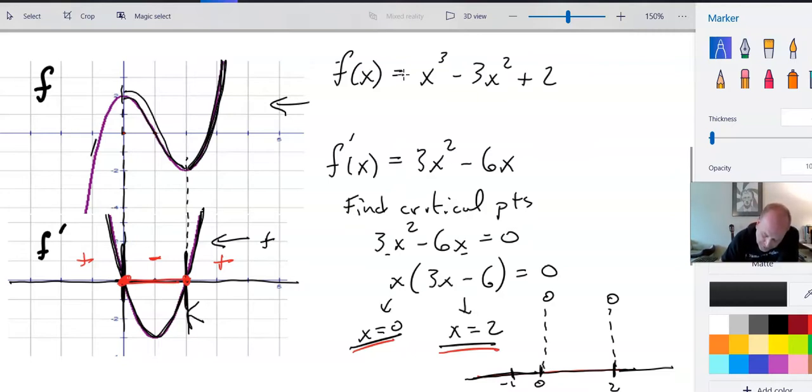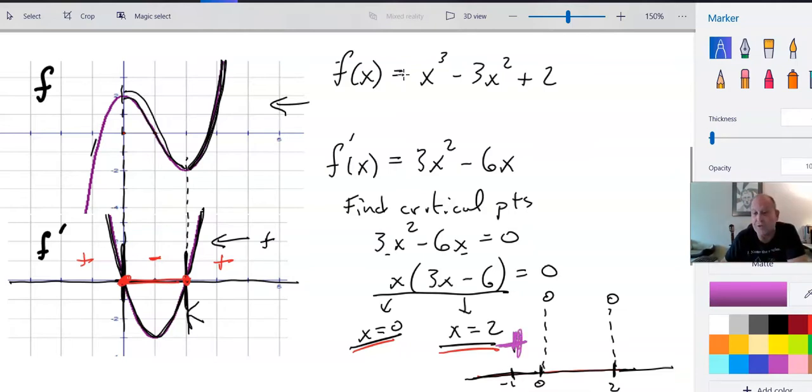I'm just going to test it on this part because that's going to be easier. That's going to be -1 for x on the outside, and then the inside piece is going to be 3 times -1, so it's going to be -9 times -1, that's positive. In fact, let me switch that color so we can see it better, because I'm running out of room here. So it's positive in this region.